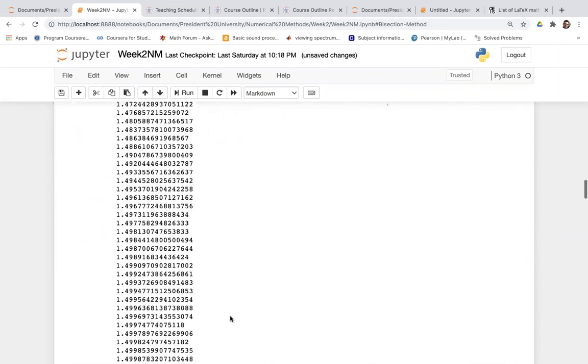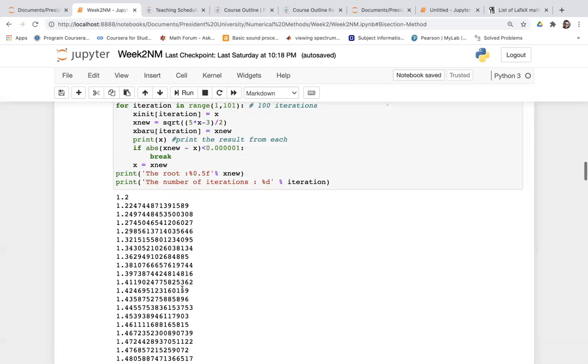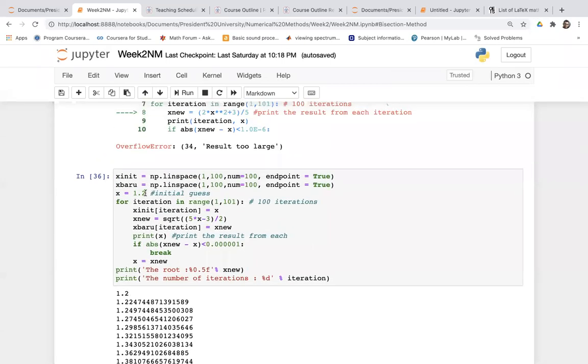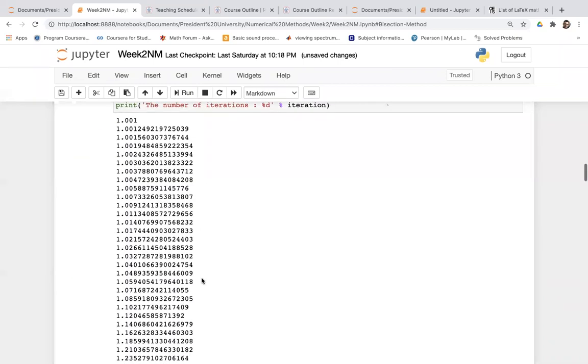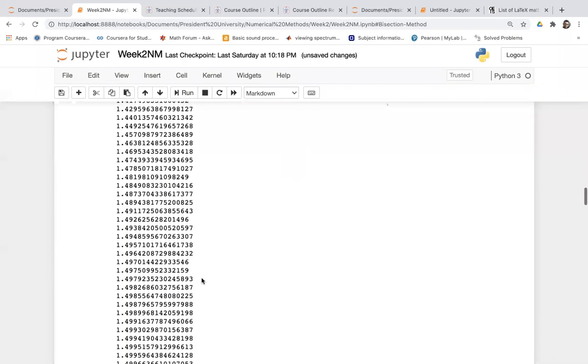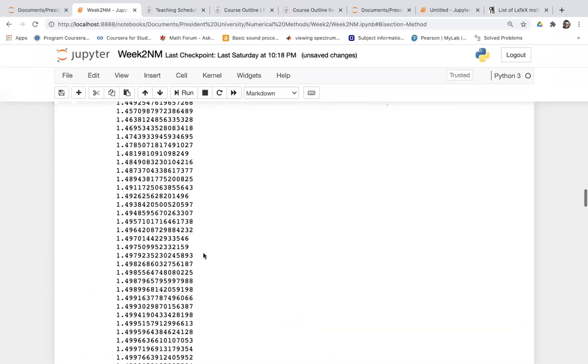See the difference? It always converges to 1.5. It does not converge to 1. Even when we are close to 1, you see here, 1.001, it still converges to 1.5. That's the problem.